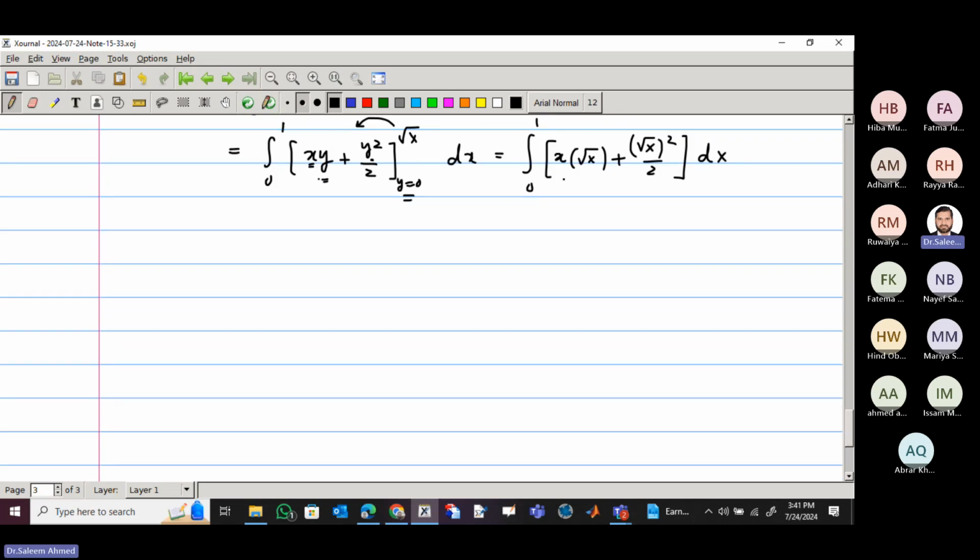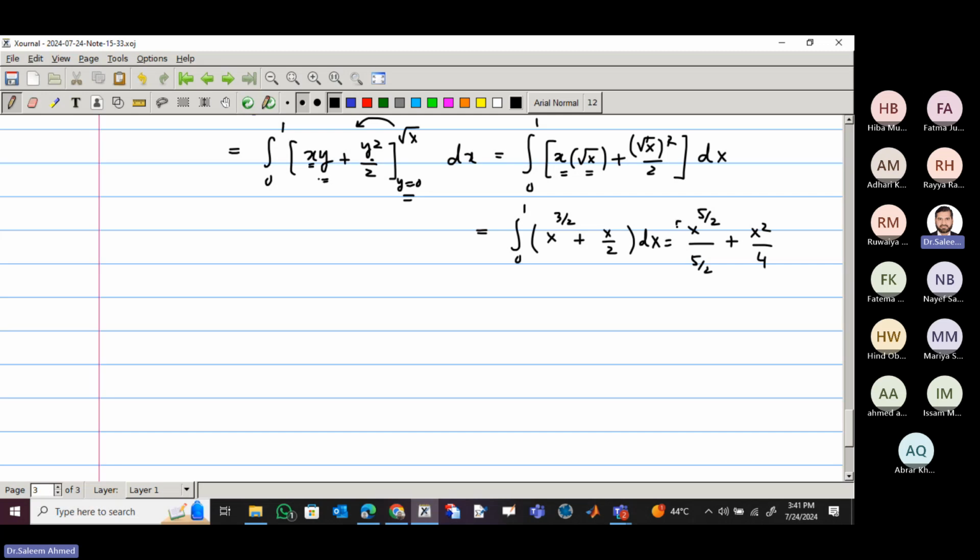Now I have to simplify before integrating. x into square root of x will become x to the power 3 by 2, plus square root and square cancel, so it is x by 2. So this is my function. Now if I integrate this, it will become x to the power 5 by 2 divided by 5 by 2, because I have to add 1, and then plus x square by 4.